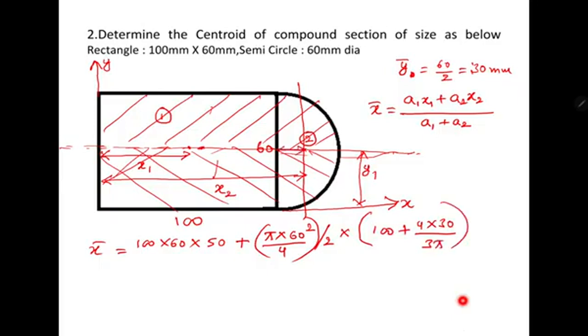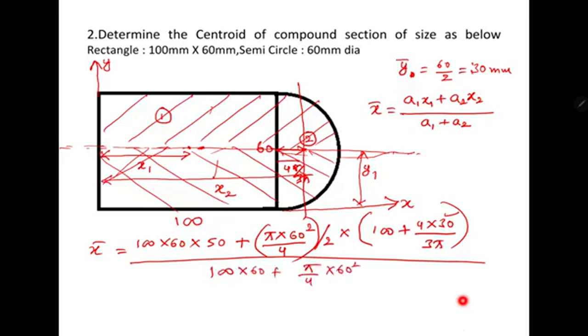See, this is the formula 4r by 3 pi. Total diameter is 60 mm, so the radius is 30 mm. Divided by 100 into 60 plus again pi by 4 into 60 square, whole divided by 2. So x bar, if I calculate this, I will get 61.96 millimeter. So x bar is 61.96 and y bar is 30 mm for this plane figure.